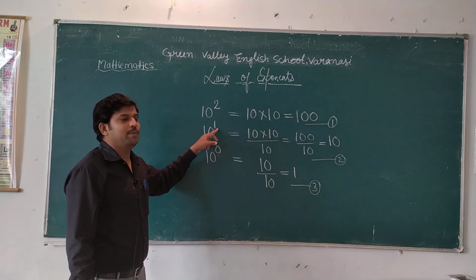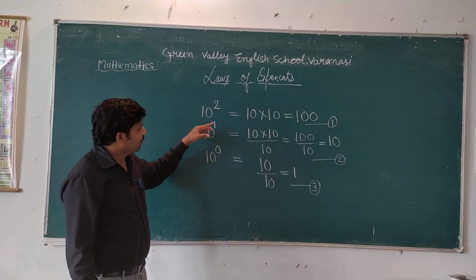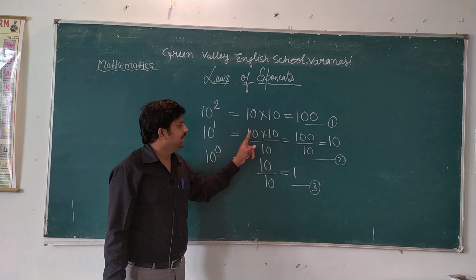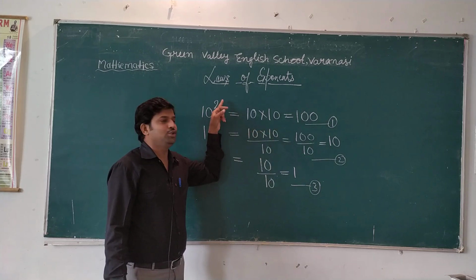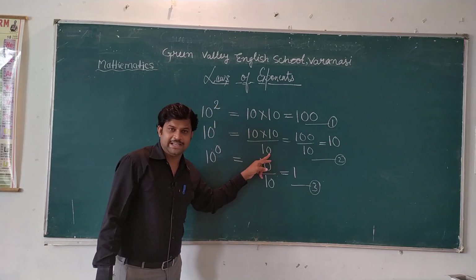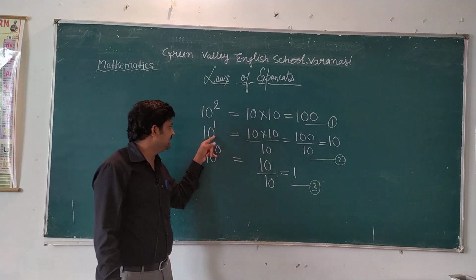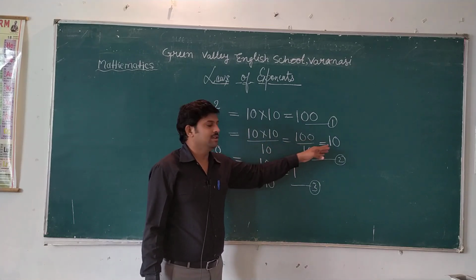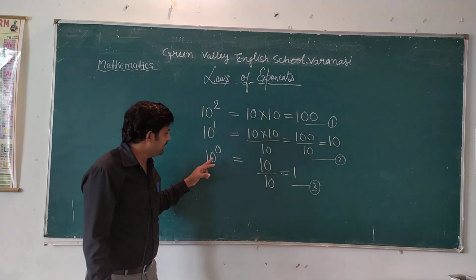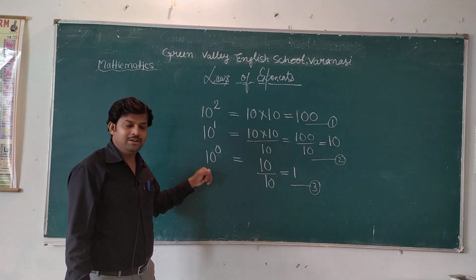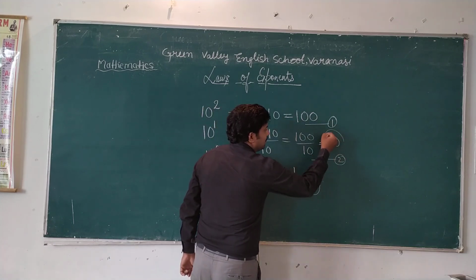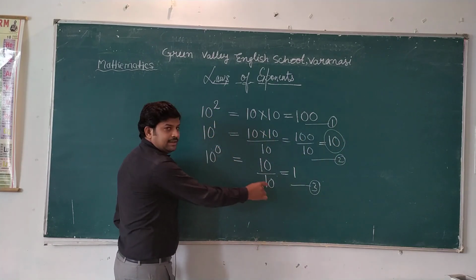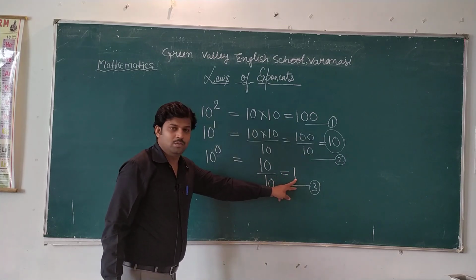When we write 10 to the power 1, we divide 10 to the power 2 by 10, how many times? 1 time. Then we have 100 upon 10 is equal to 10. When we write 10 to the power 0, we divide the value of 10 to the power 1 by 10, then we get 1.